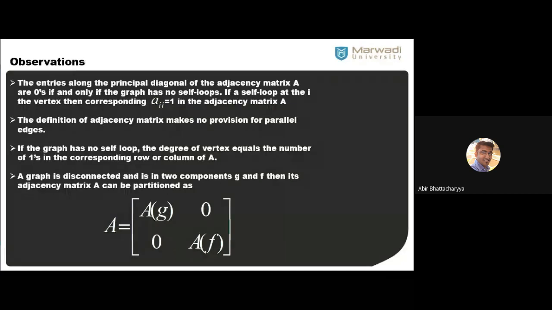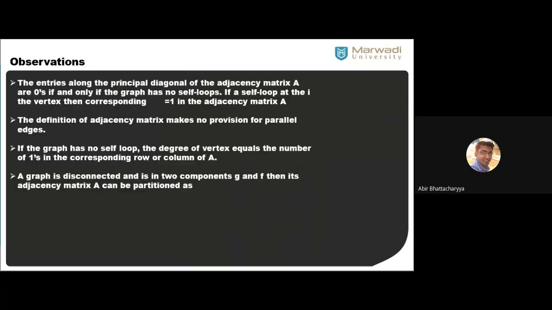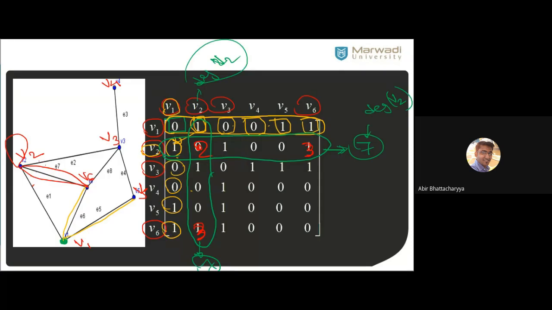No provision of parallel edges, because we will not ask about it. So forget about the parallel edges concept. If any self loop is present, mark it as 1, not 2. Some author says 2, some author says 1. Doesn't matter. To calculate the degree, make it 1 and forget about the parallel edges.